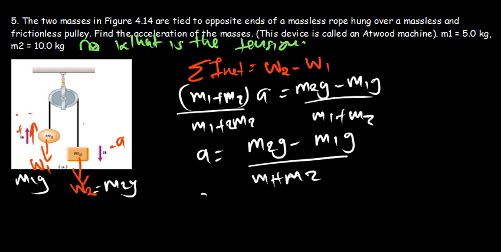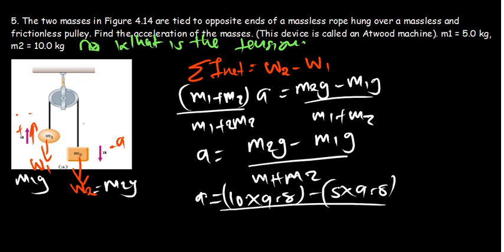So let's plug in the values. Mass 2 is 10, so we have 10 times 9.8, in brackets, minus mass 1, which is 5 times 9.8. We divide by 10 plus 5.